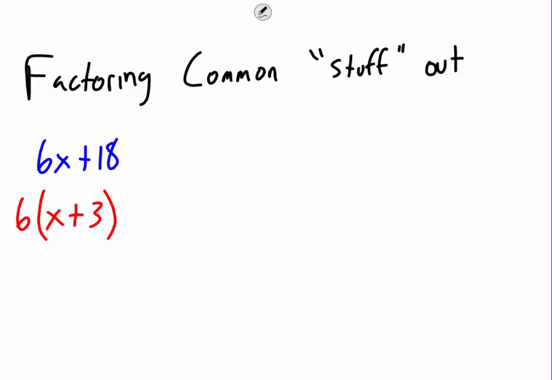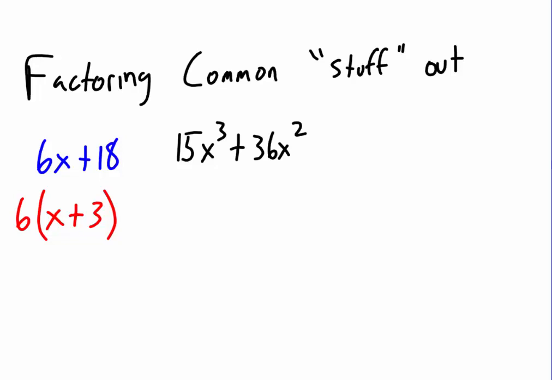How about something like 15x to the third plus 36x squared? All right, so we got to find the largest number that goes into both 36 and 15.